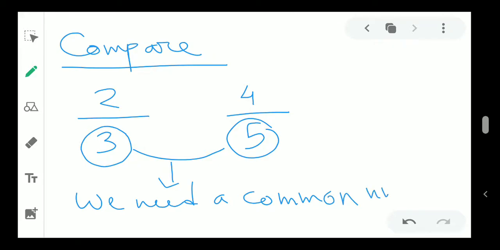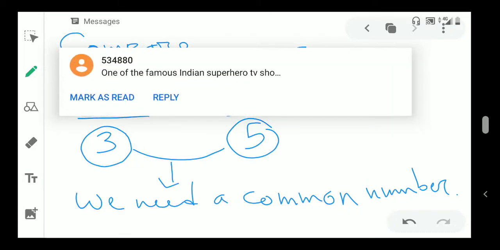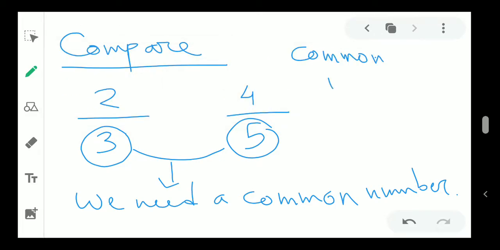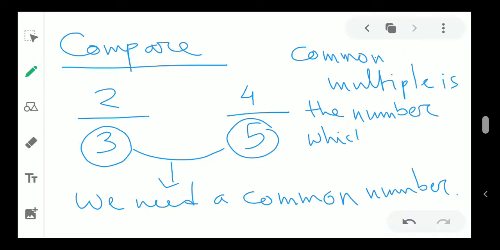Now we know that we can get a common number if we calculate a common multiple, because a common multiple is the number which is there in both of the tables.